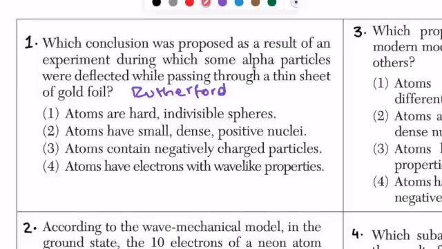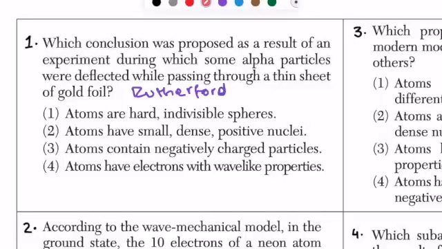which is why they were coming back. So Rutherford was the one that discovered that positively charged nucleus. Rutherford also said that, because a lot of the particles were able to pass straight through, there's a lot of empty space in the atom, which is why there was nothing that the particles were interacting with. So it was just empty space.